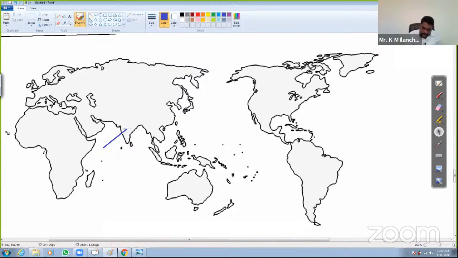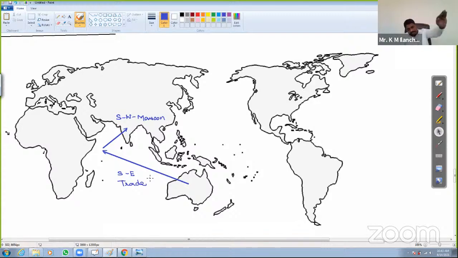So where exactly does the southwest monsoon come from, if you ask me? The southwest monsoon is nothing but the deflected trade wind of the southern hemisphere. That is nothing but the southeastern trade wind.